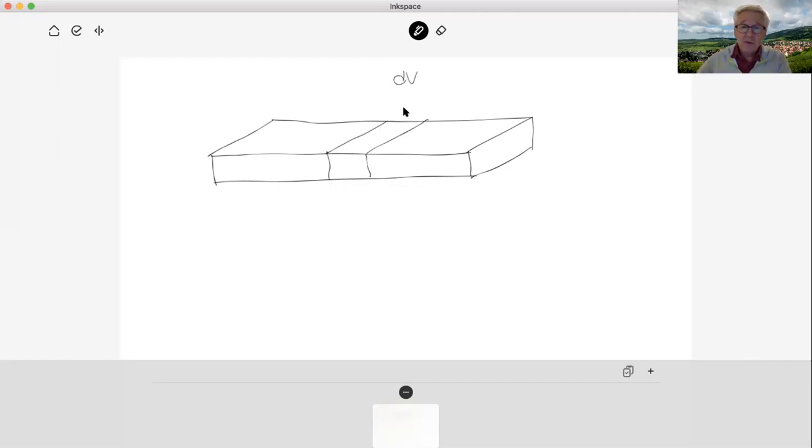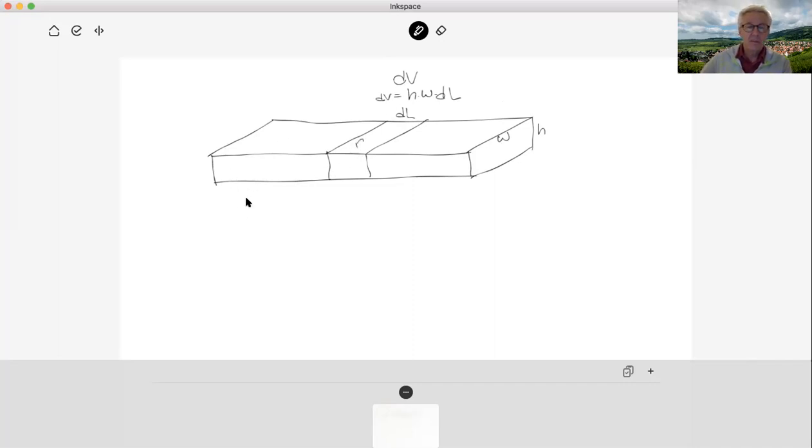I'm going to put some notation here. This is dL, and this will be the height or the depth of the wetland, and this is the width of the wetland. And since we have the height, the width and dL, the small control volume can also be expressed as dV equals H times W times dL. And then here we also have the reaction.